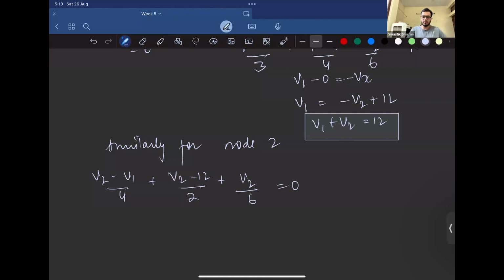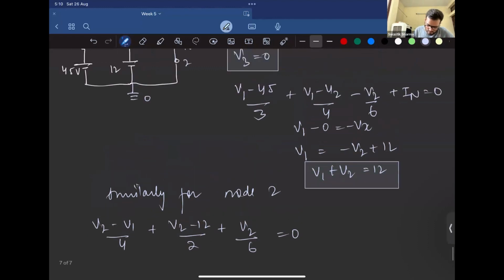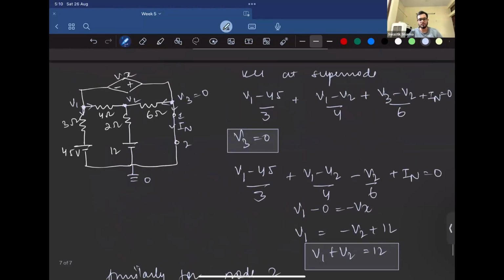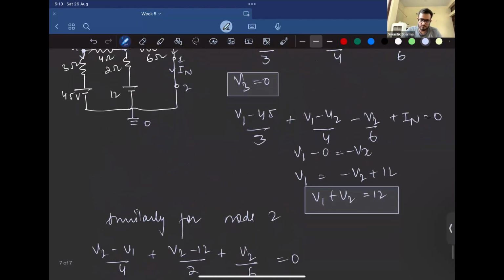Okay, so what did you get, Renessa? Did you solve this question? Sir, I'm solving the equation. Okay, you solve, and let me know the value of IN. I've already solved it, I'll check if you got it correct.